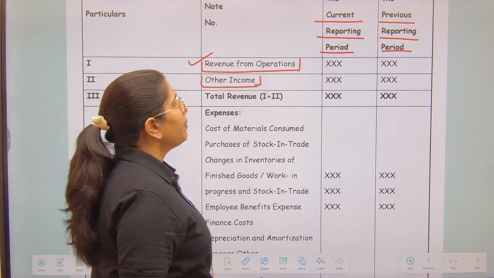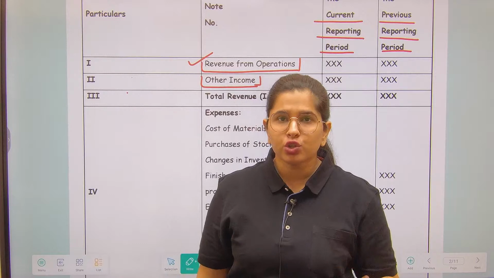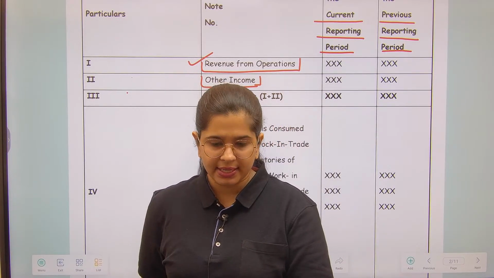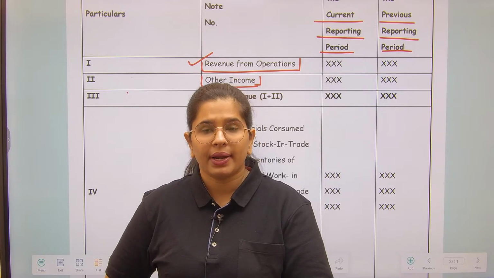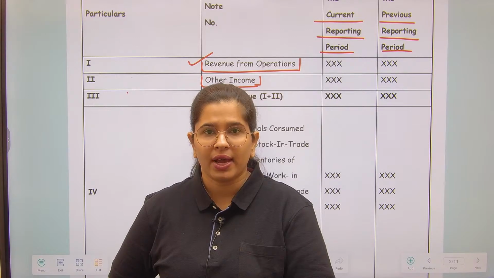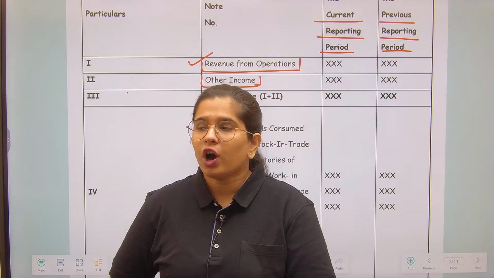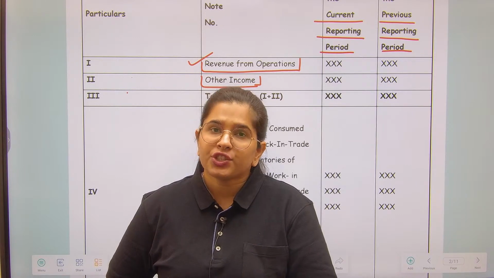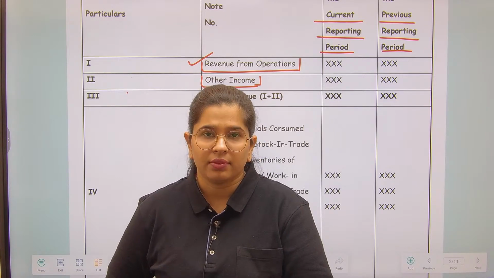See, apart from the main business, you could also earn some ancillary incomes. A very great example is this. Suppose you are operating a factory of biscuits and you are manufacturing biscuits. You have got certain extra cash, so what you did was purchase shares of Tata.